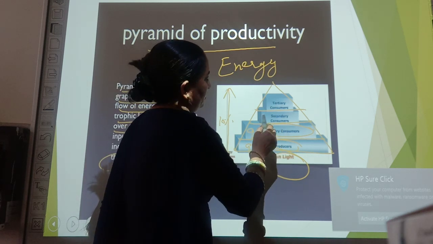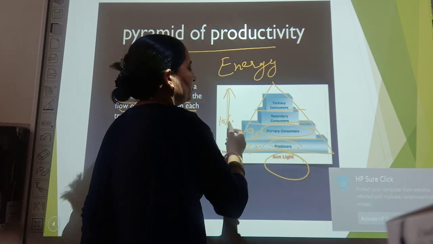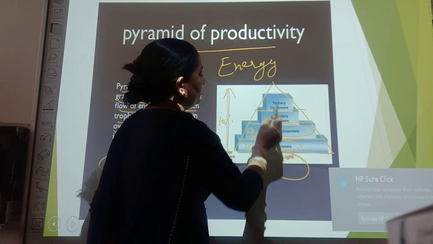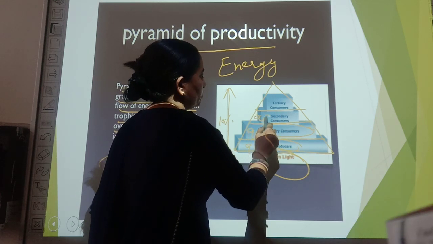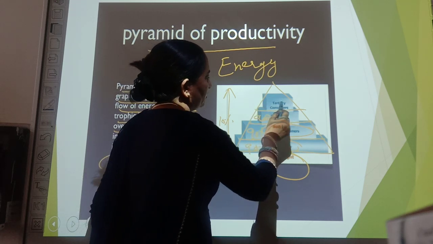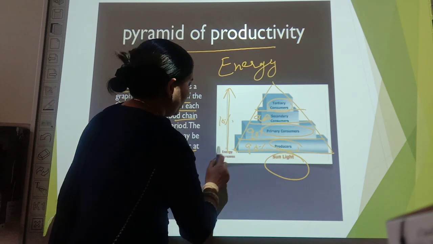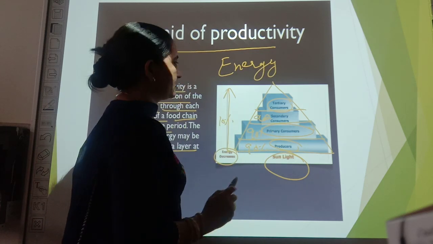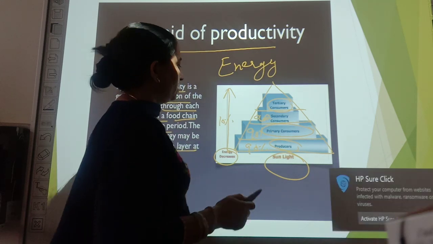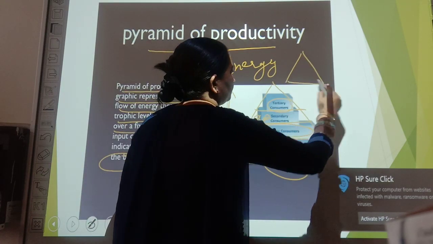So the energy available to the secondary consumer is also up to 10% of this level, and they again use 90% of the energy, and only 10% reaches the tertiary consumers. So energy always decreases, and the flow of energy in an ecosystem always shows a pyramid of upright shape.